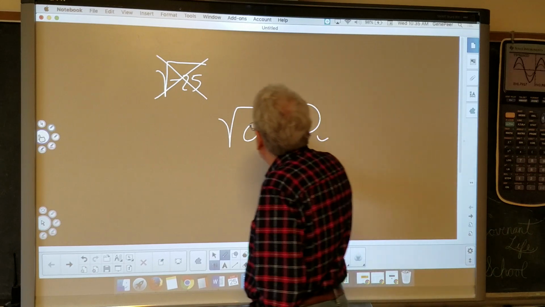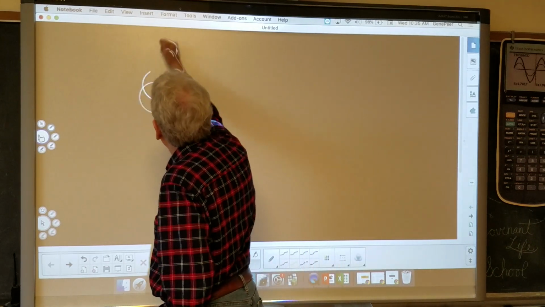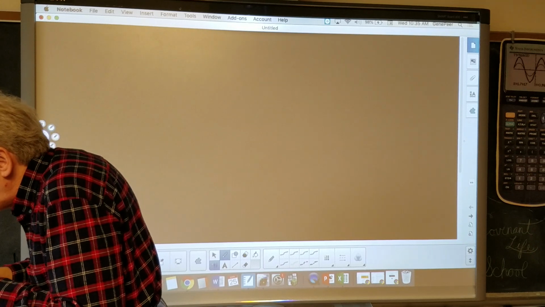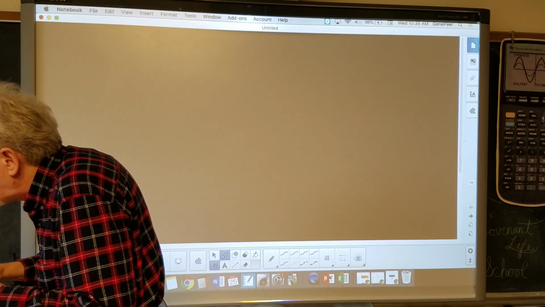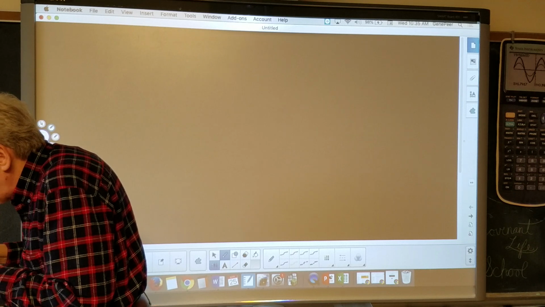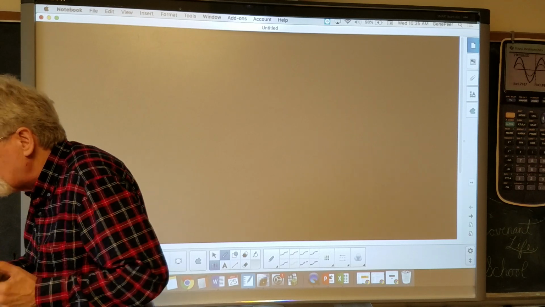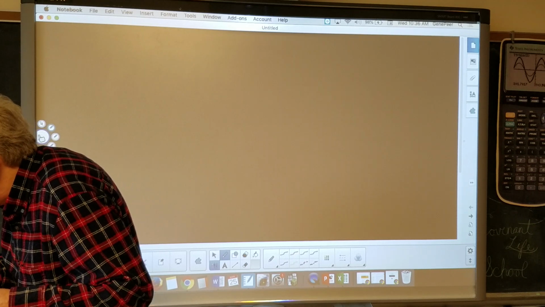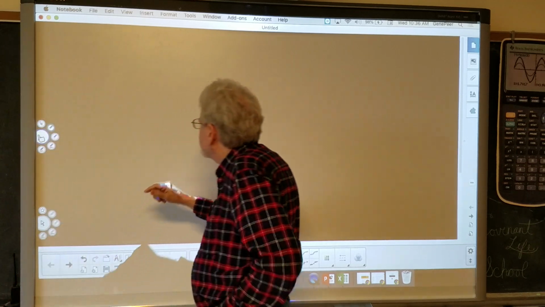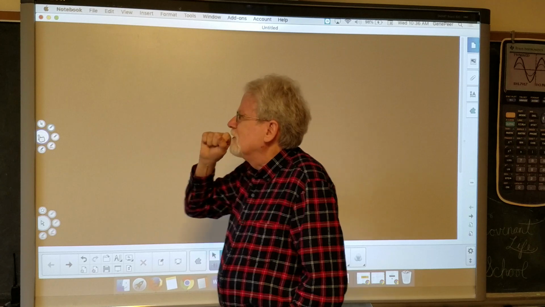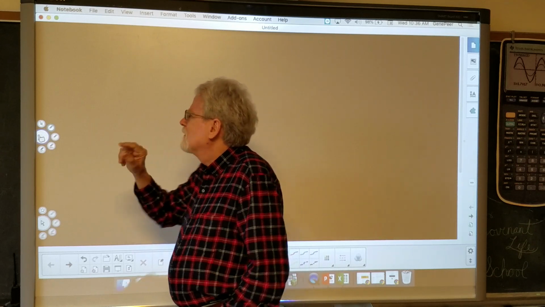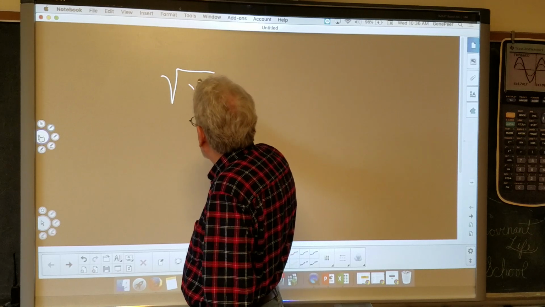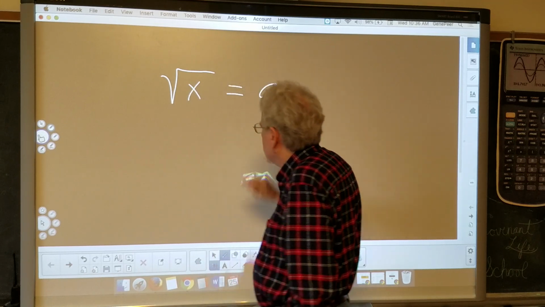You're going to see some problems like this. Let's see if I can find an example in the book here real quickly. Some problems in the book where they're going to give you something like, where is it? I'll find it in a moment here. Oh, I'll just make one up. They might give you something like this. Square root of x equals a.